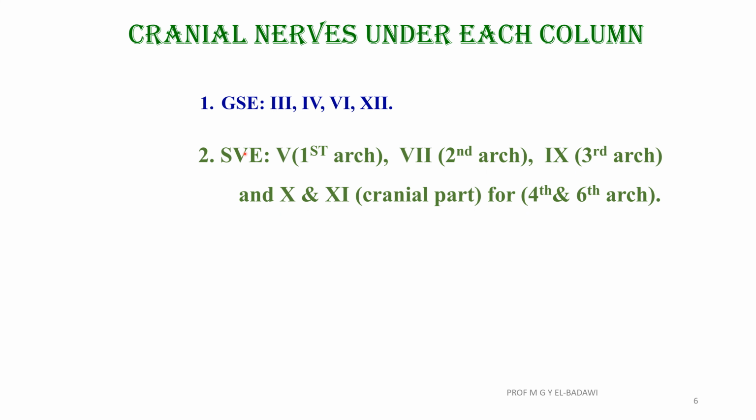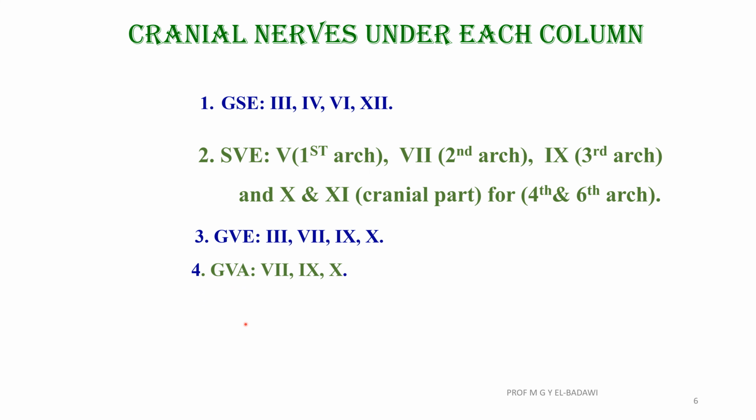While the special visceral efferent, which supply the muscles arising from the pharyngeal arches: the first arch, the 5th; the 2nd, the 7th; the 3rd, the 9th; while both 4th and 6th arches from the vagus and the cranial part of accessory. The parasympathetic fibers, or the general visceral efferent, are found in 4 cranial nerves: the third, the seventh, the ninth, and the tenth. That is the motor part.